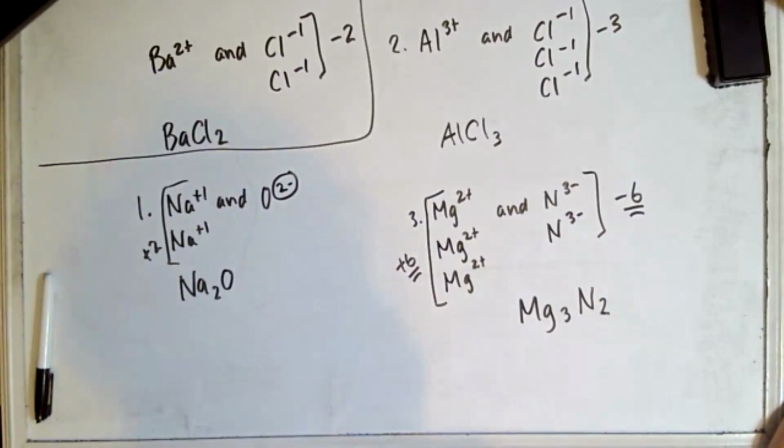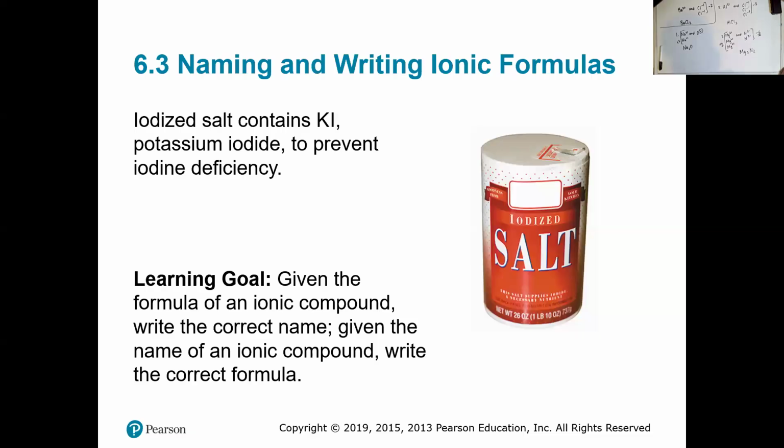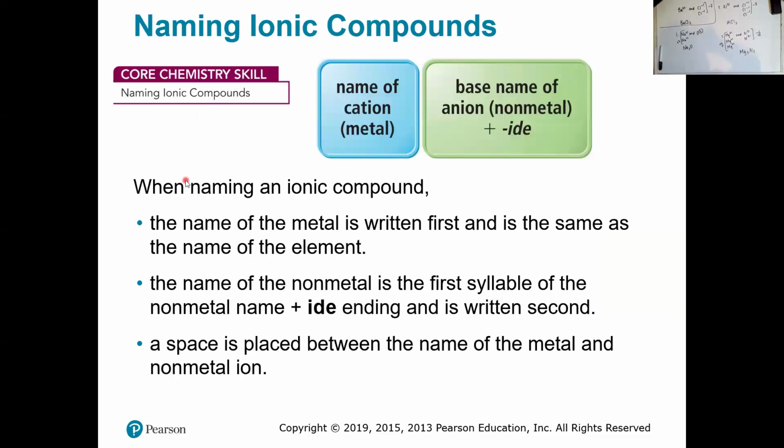Let's look at how we would name these compounds next. Okay, so the typical way that you're going to name an ionic compound, you're going to start by naming the cation, which is going to be your metal, and you're going to follow it by the base name of your anion, which is that first syllable of your nonmetal name, and you're going to add that IDE ending to it.